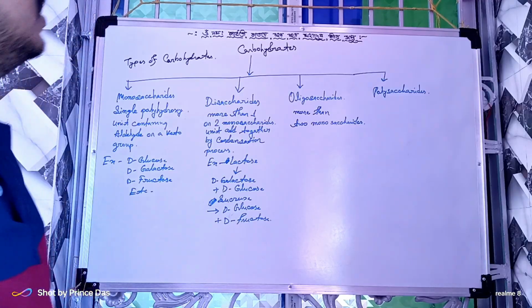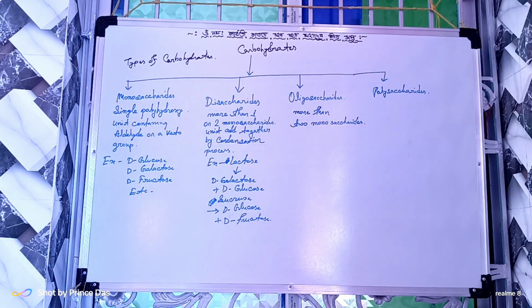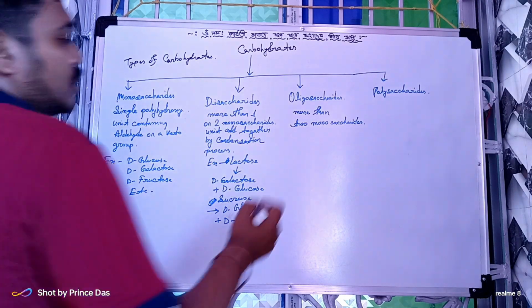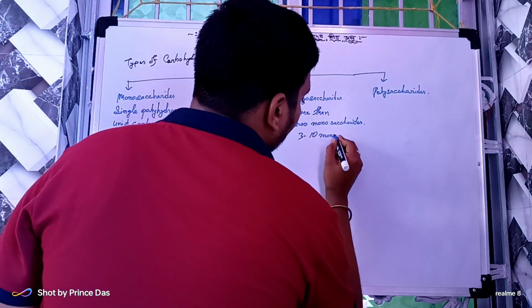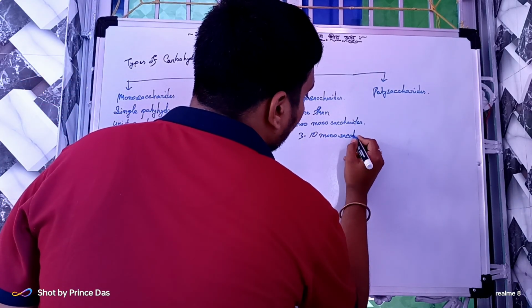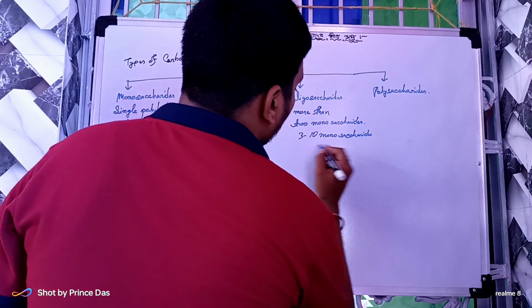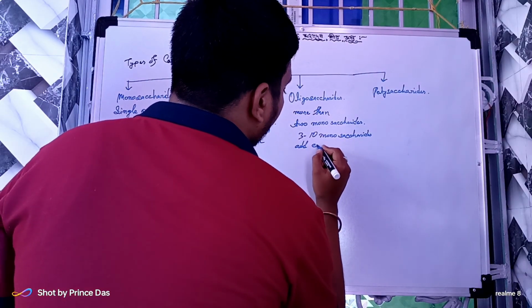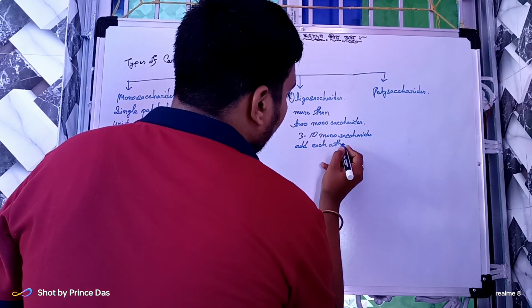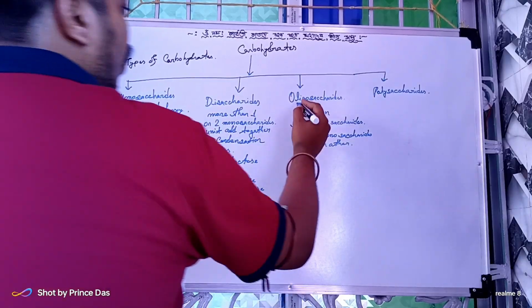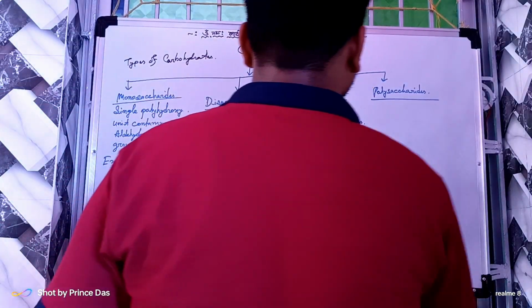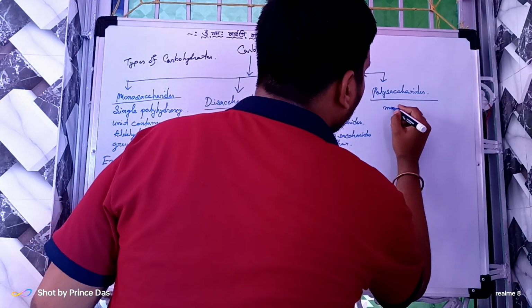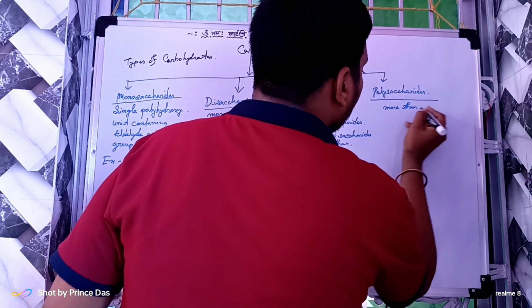More than two means 3, 4, like that. Three to 10 monosaccharides add to each other and form an oligosaccharide. And beyond 10 is a polysaccharide.